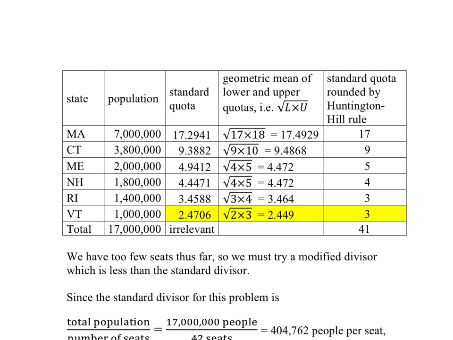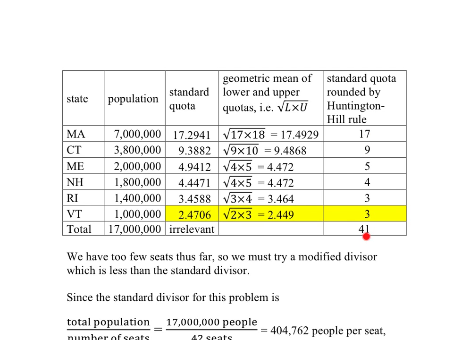So in any example of Huntington-Hill, a standard quota of 2 point something will give rise to this rounding cutoff. And because the quota exceeds the rounding cutoff, we round up rather than down.